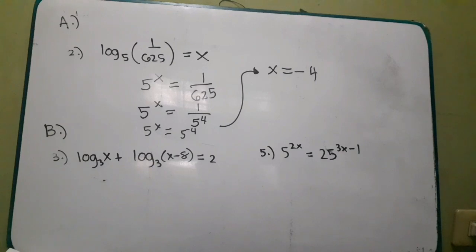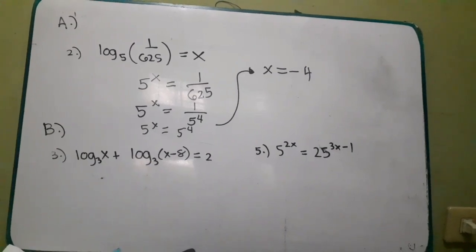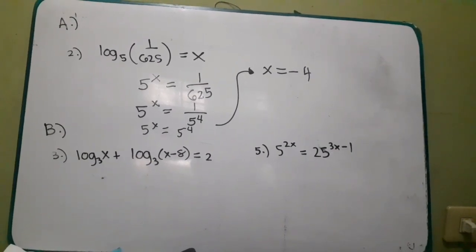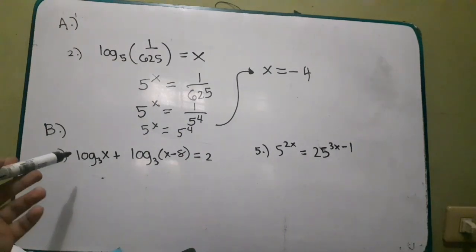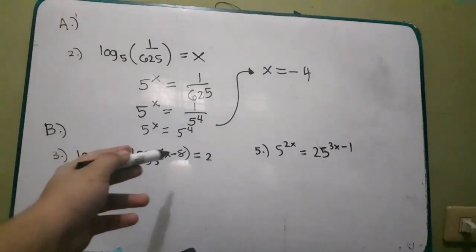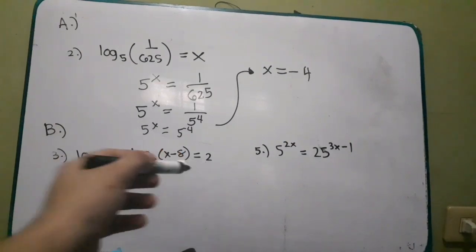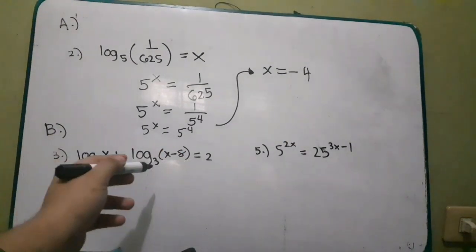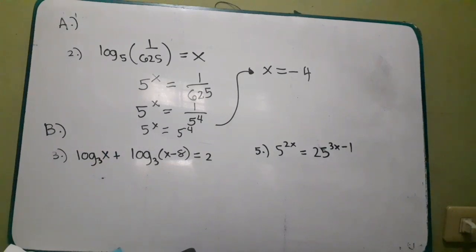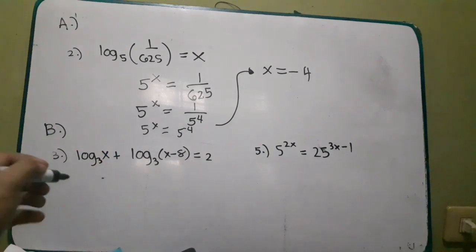So next is solving logarithmic and exponential functions. So first is this: log of x base 3 plus log of x minus 8 base 3 is equal to 2. Since they have the same base and a plus, we can rewrite it into multiplication form.